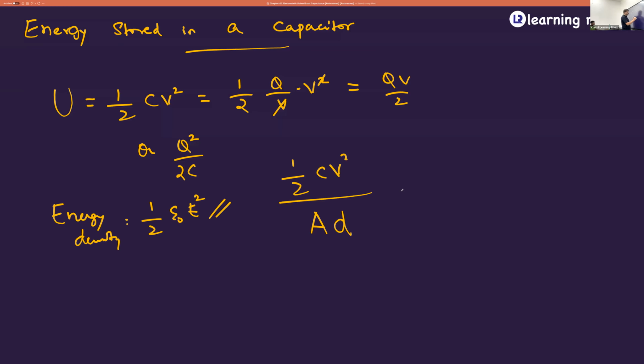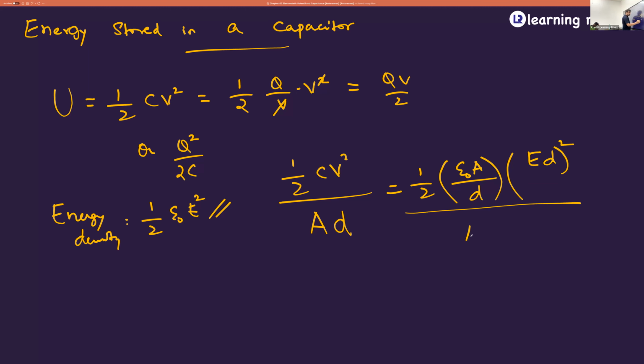So this will be equal to half into C, which is epsilon naught A divided by D, multiplied with V, which is E into D, the whole square, the whole divided by A into D. A and A will get cancelled. One D is lost from here and the other D is lost from here. So what are you left with? Half epsilon naught E square. That's it. You're clear with this? So this is the formula for energy density.